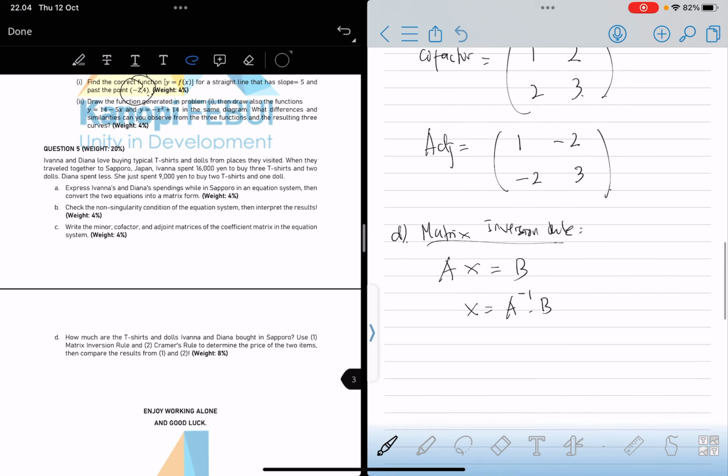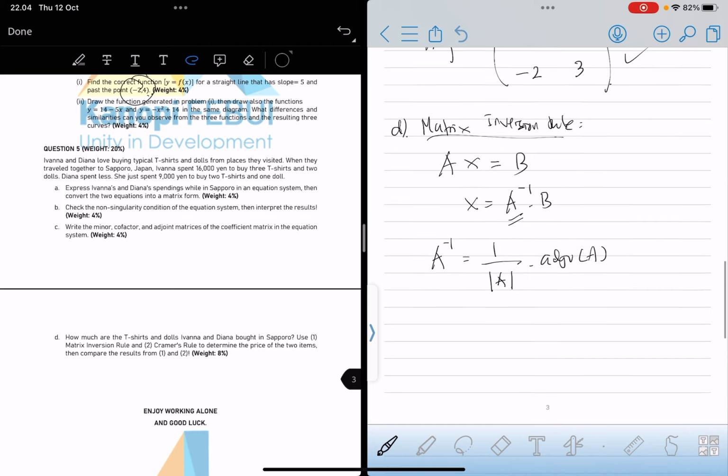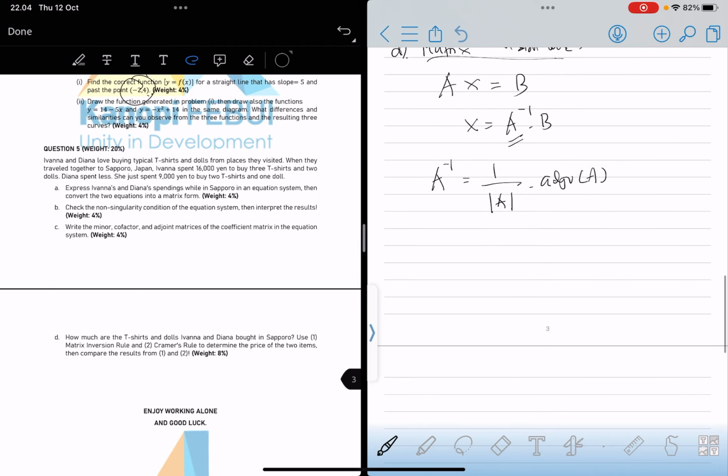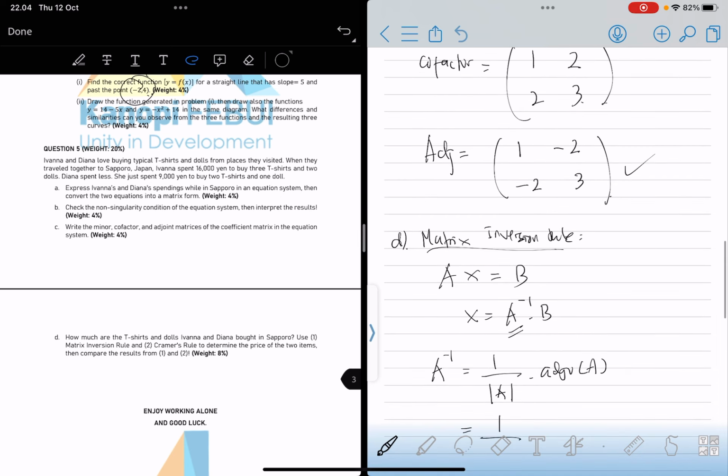So how to find A inverse? We know that A inverse is one over the determinant of A times adjoint A. We know adjoint A is this, so it's easy basically. One over the determinant of A is minus 1.